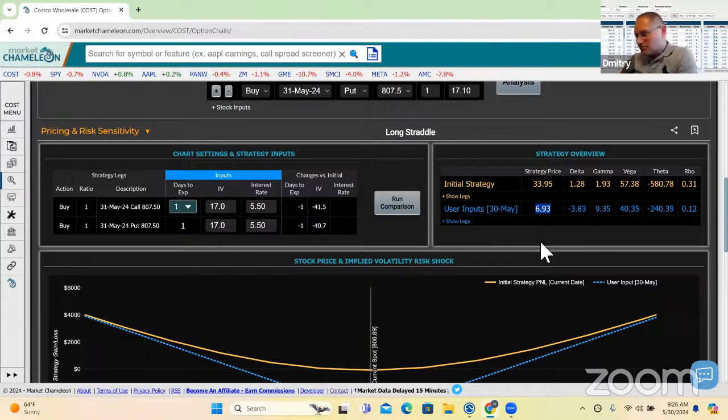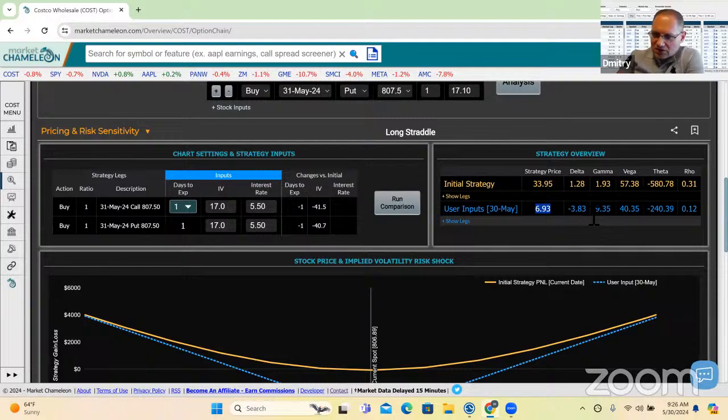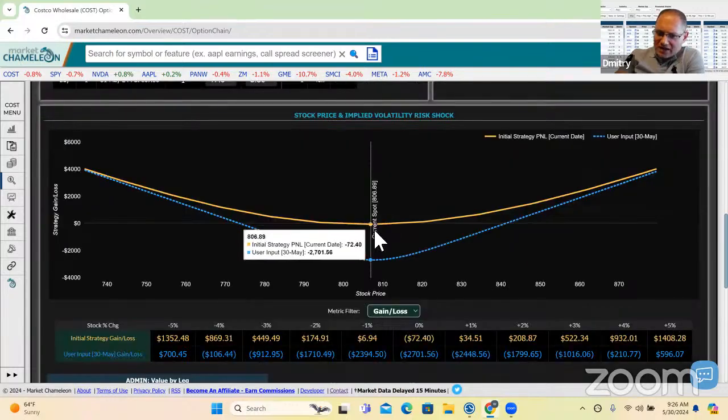So today, it would be worth almost $7 from $33.95 to almost $7. Okay, you can see the delta, the gamma, all this change. So this is where we're at here. It goes from here to here, right?